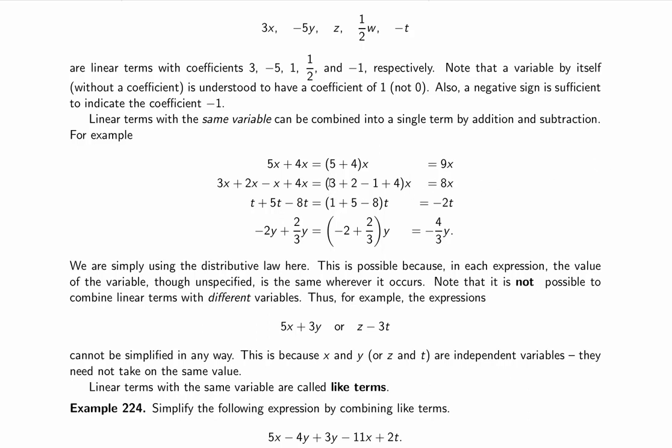So just combine the numbers. So it's 3 plus 2 minus 1 plus 4. So 5 minus 1 is 4, plus 4 is 8. So this simplifies down to just 8x.